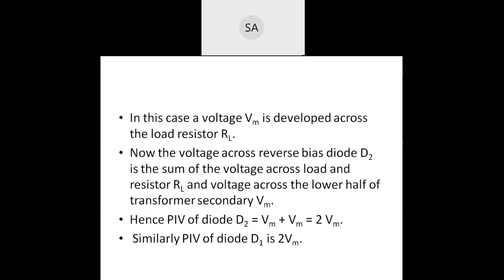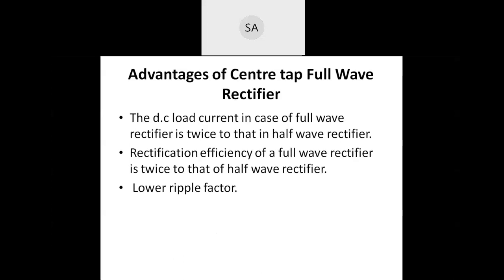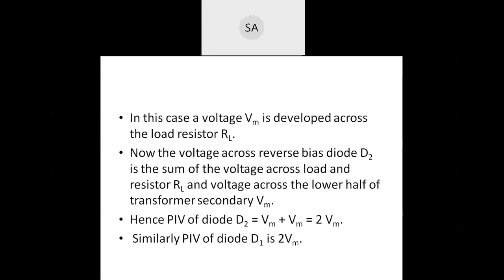So we are considering the two voltages. Hence the peak inverse voltage of diode D2 is Vm plus Vm, so you will get 2Vm. Similarly, the peak inverse voltage of diode D1 is also 2Vm. Whereas the peak inverse voltage of the diode in the half wave rectifier is Vm. So that is improved in the full wave rectifier, which can withstand a higher reverse voltage.